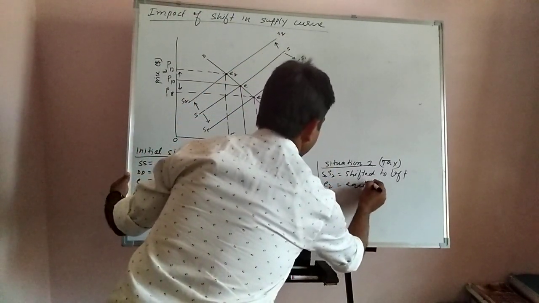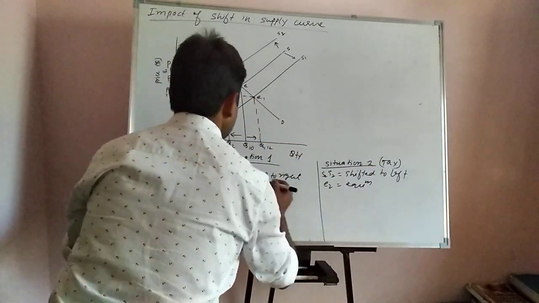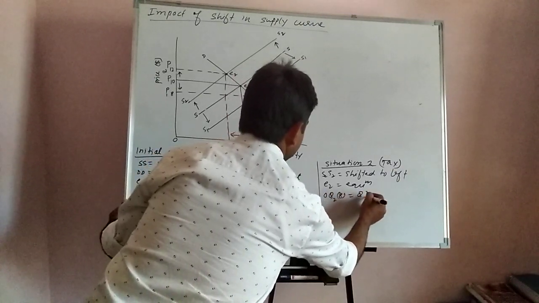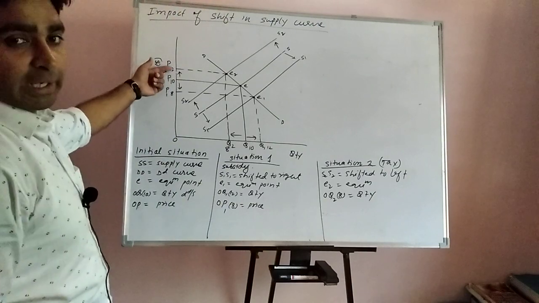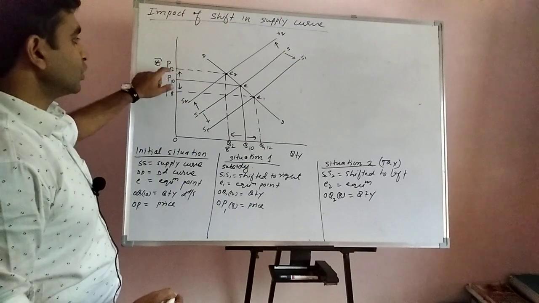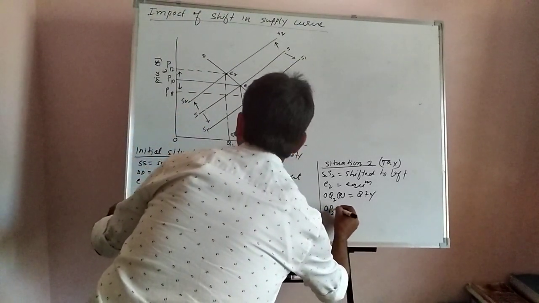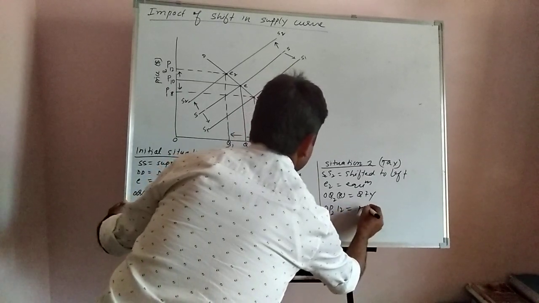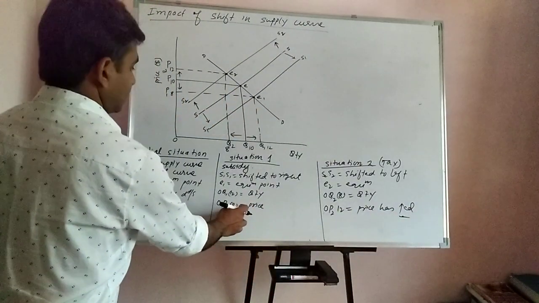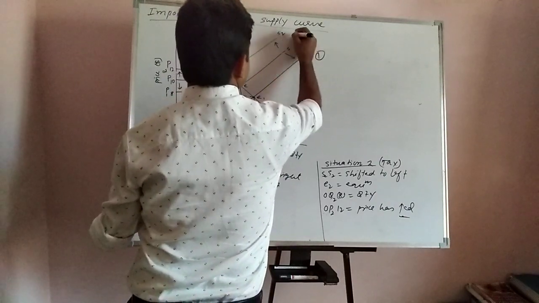E2 is the equilibrium point, the equilibrium quantity in situation 2 after tax. 0Q2, that is 8. And what is the impact on price? When supply decreases, the price has increased from P to P2. So 0P2, that is 12. So the price has increased.